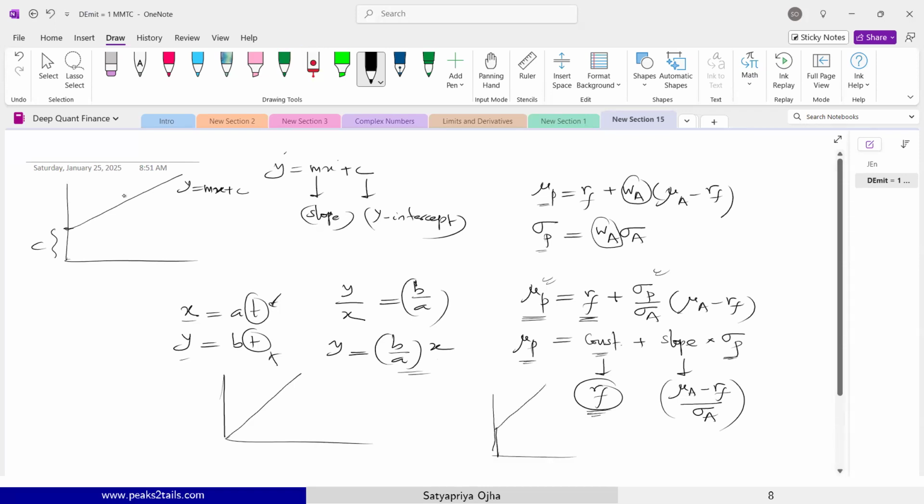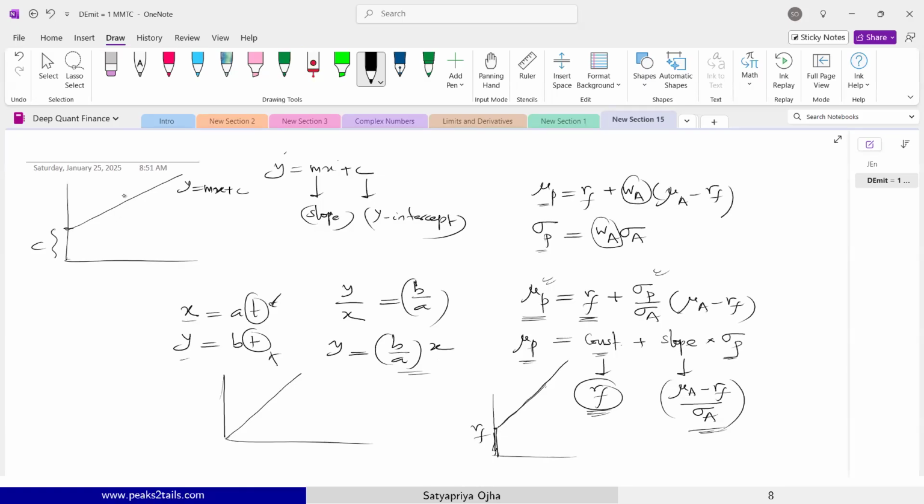Since there is an intercept, it will start from RF and the slope is this. And that's how the portfolio mean return and volatility would be related in a linear fashion, which is kind of nice.